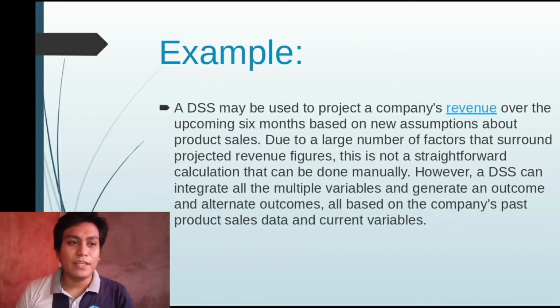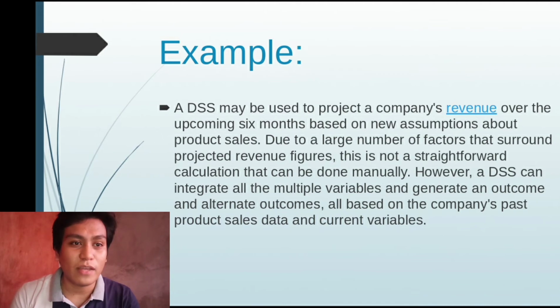For example, a DSS may be used to project a company's revenue over the upcoming 6 months based on new assumptions about product sales. Due to a large number of factors that surround projected revenue figures, this is not a straightforward calculation that can be done manually.